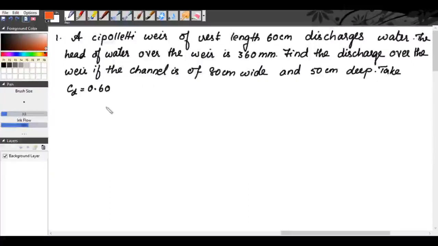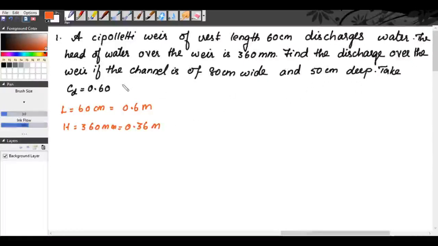The crest length L is 60 centimeter, that is 0.6 meter. The head of water over the weir is 360 mm, so H is 0.36 meter.